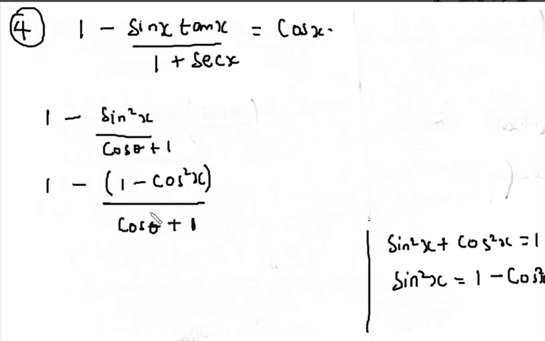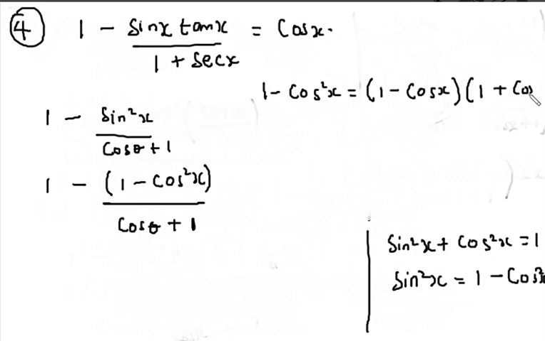Okay, so from here on out, we know that this can be seen as a difference of two squares. So 1 minus cos square x can be written as open bracket 1 minus cos x, close bracket, open bracket 1 plus cos x, close bracket. So we are going to replace this with these two brackets.